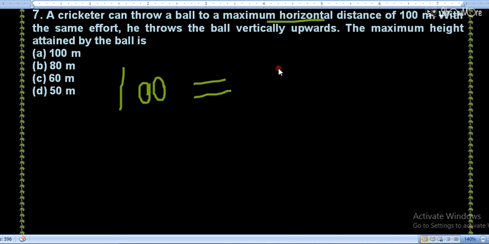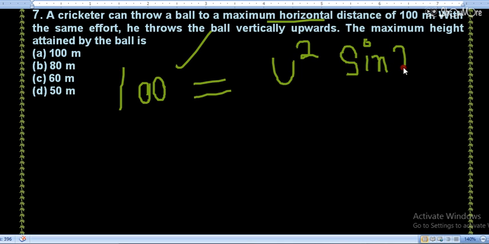Okay, so let's see what we can do. 100 will be equal to horizontal distance, range is equal to u square into sine 2 theta divided by g.